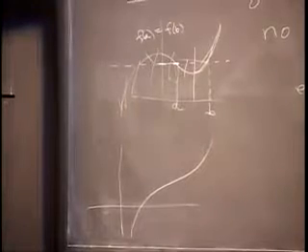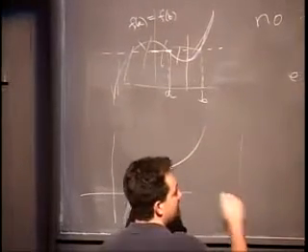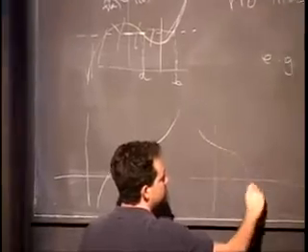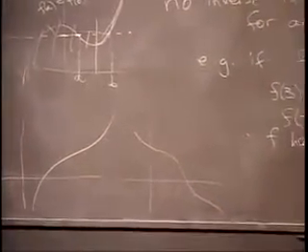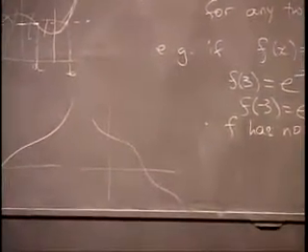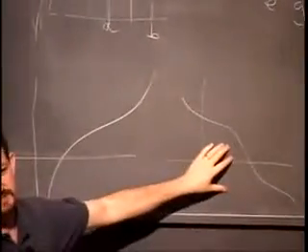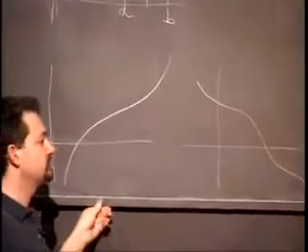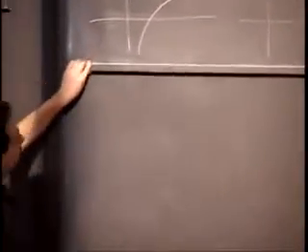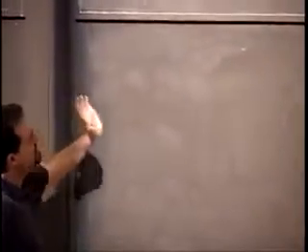Now, of course, it could be getting smaller. That's okay. If it's always getting smaller, no problem. So this is going to be called increasing. This is decreasing. These are terms. Now, what if the function is momentarily flat?